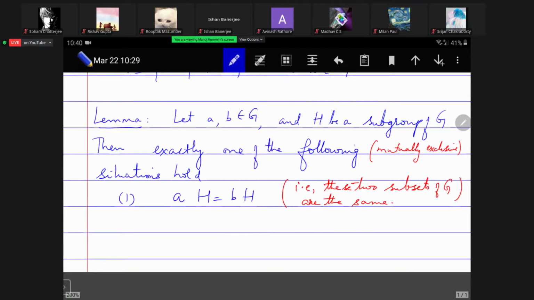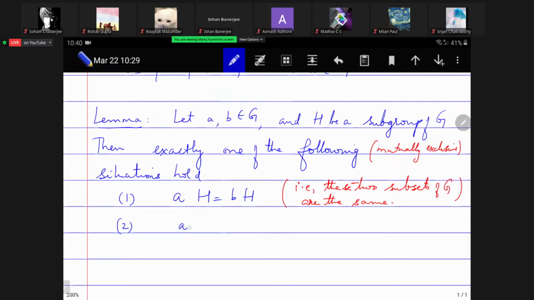There are two subsets of G, they are the same subset. That's the first assertion. Number 2: aH is disjoint from bH. There are only two situations. They can't have a non-trivial intersection unless they are the same.